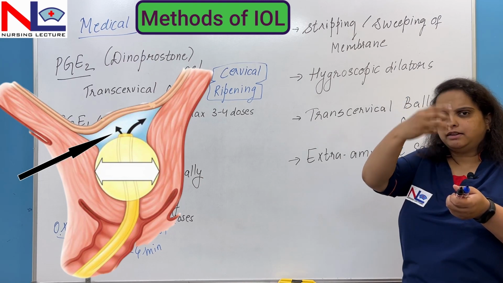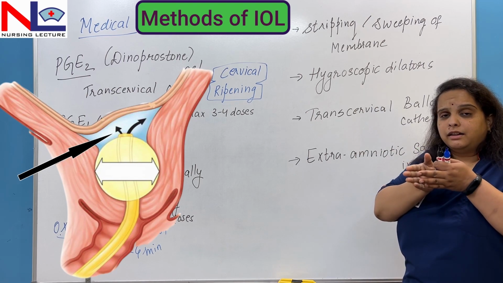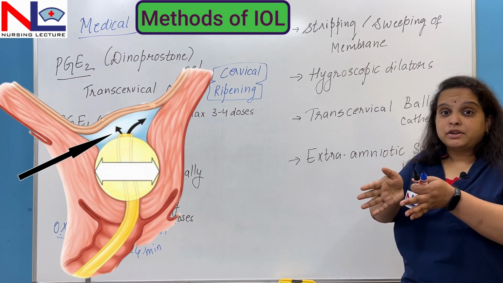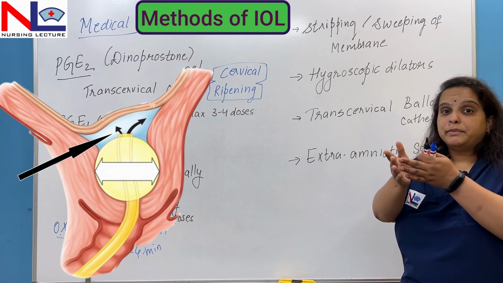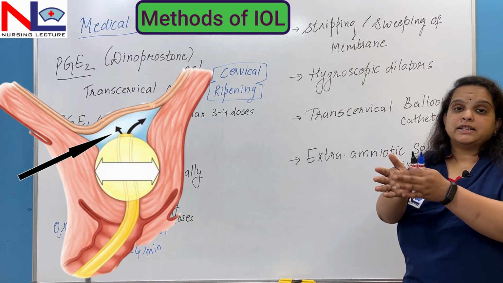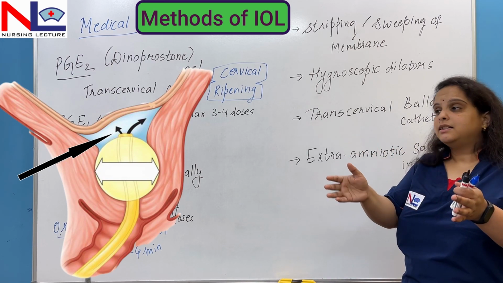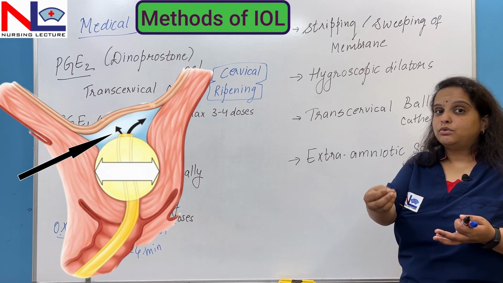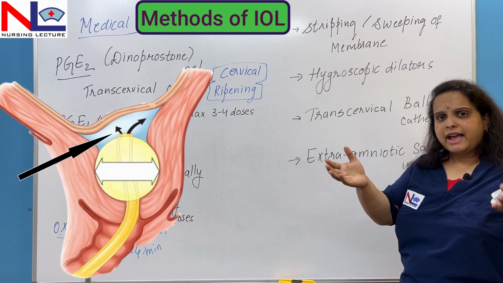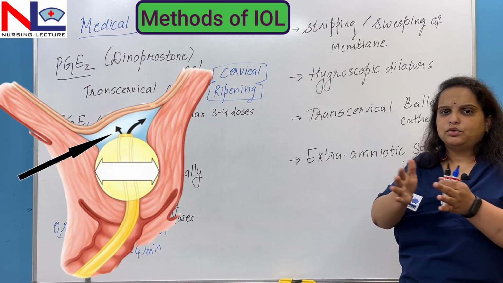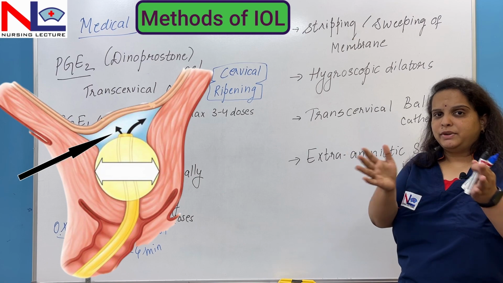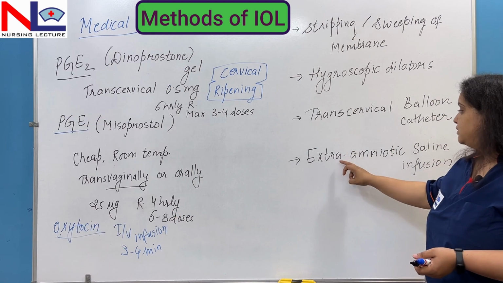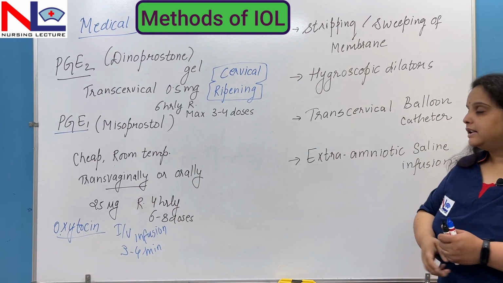That fluid exerts some pressure and allows the membranes to separate from the decidual lining, and again by this the prostaglandin will be released from the decidua as well as from the fetal membrane, and thereby it allows the cervix to ripen and dilate. Okay, so this is called the extra-amniotic saline infusion.